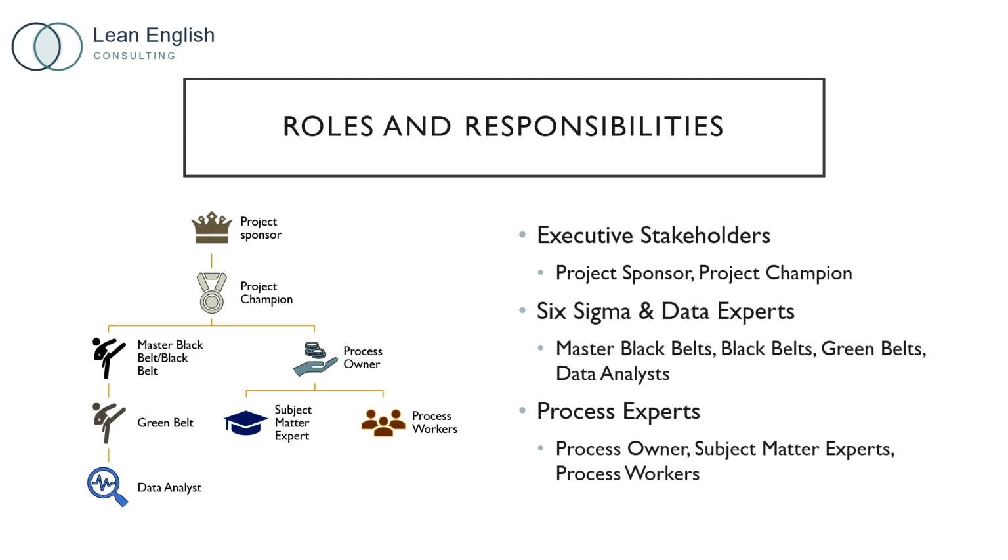The belt, a master black belt, or green belt, depending on the size and scope of the project, guides the team through the project and ensures they are using the right tools at the right time. They are also responsible for training employees and working with the PMO to ensure best practices are maintained.